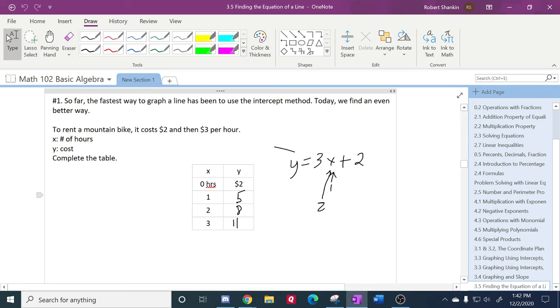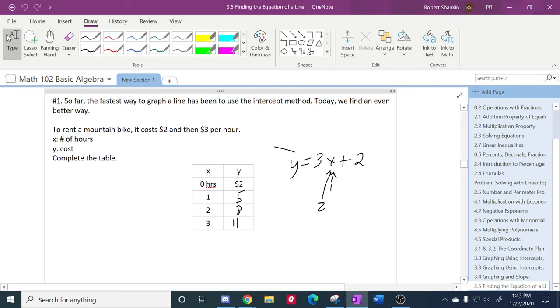Okay, and then the other thing tells you how fast your costs go up. They go up $3 for every hour. That's the slope, the rate of change of things. So you're getting the big information about how these two variables are related to each other right here.